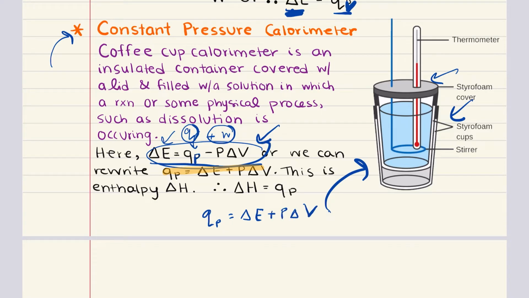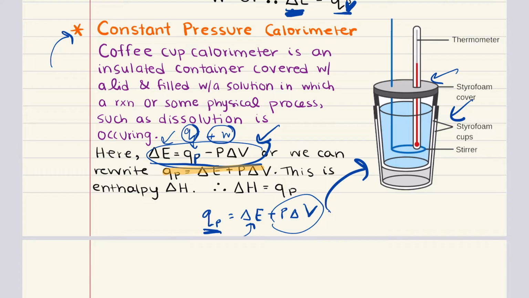Now, this equation indicates that the heat flow at constant pressure can be determined by measuring the change in internal energy and accounting for the work done by or against the atmospheric pressure due to volume changes. Now, measuring the work can be difficult, and we can get away with it by introducing a new thermodynamic property called enthalpy.